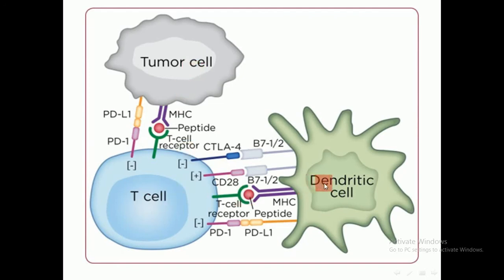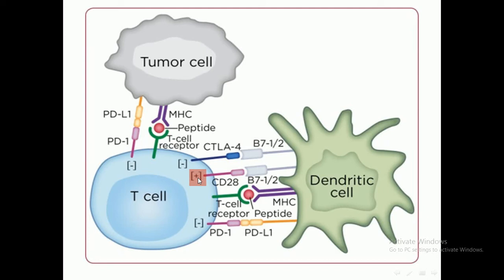And this is the tumor cell, and this is the T cell, and this is the dendritic cell with the T cell, and this is the checkpoint, and here the checkpoint. This is the first signal in the T lymphocyte activation, and this is the second signal in the T lymphocyte activation.